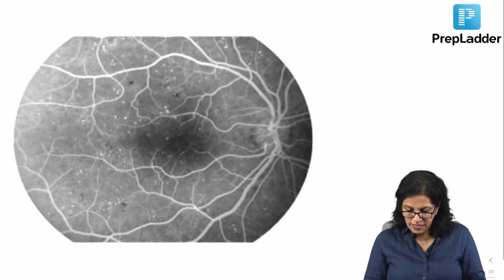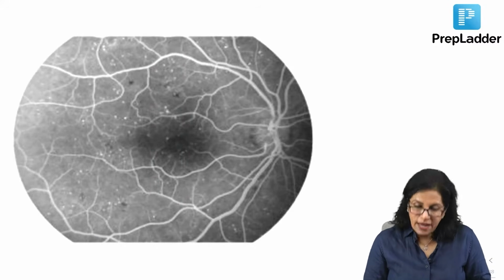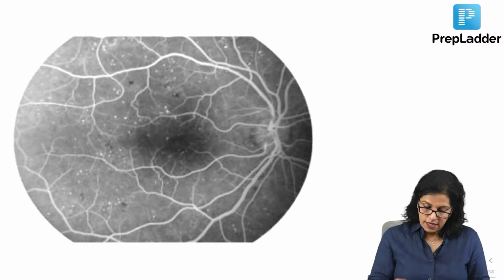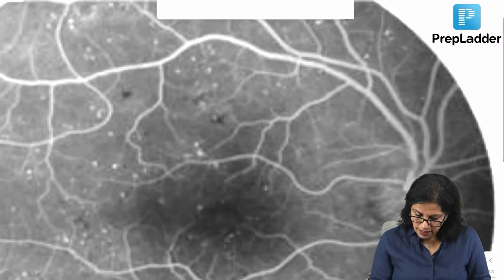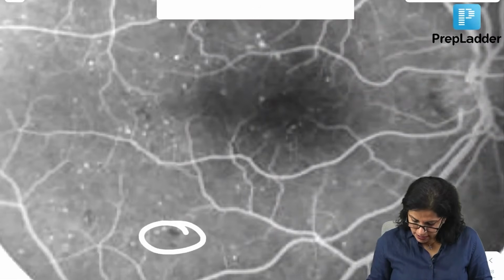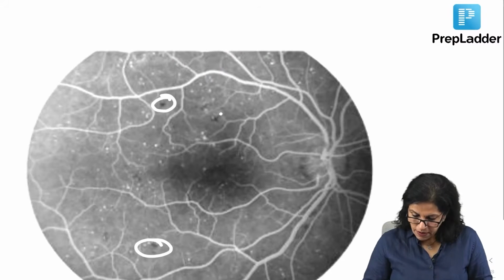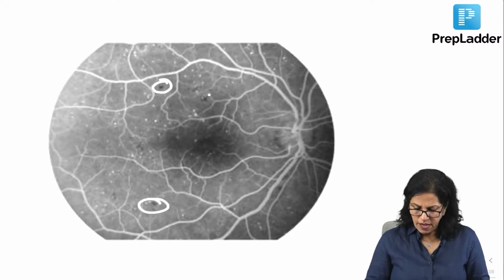I wanted to show you something else in this, that is why I have repeated the slide. See, I just said hypo and hyper. Now, have a look. These black dots, these are hypo. Can you see this? This is hypo. Here I can see, this is hypo. And this one is hyper, right? That is hyper. Hyper, I think you are clear.